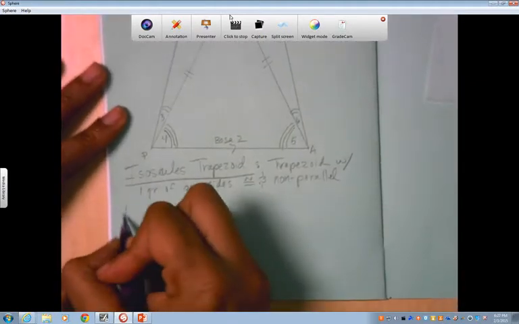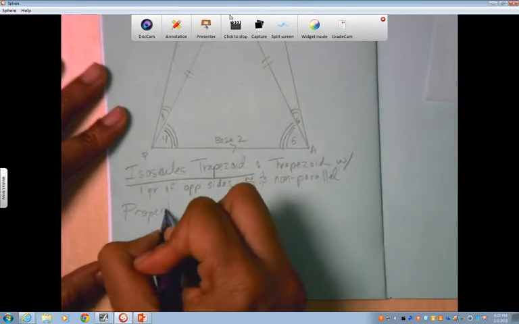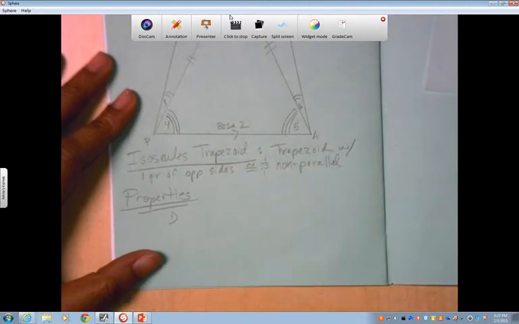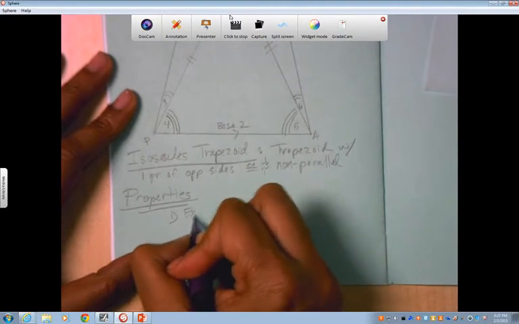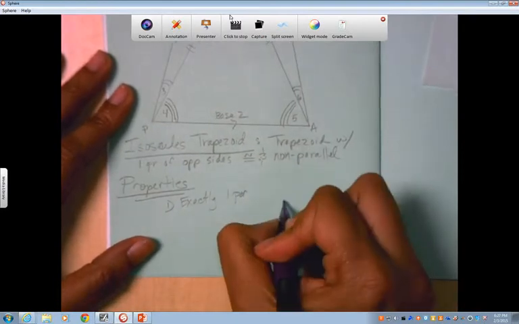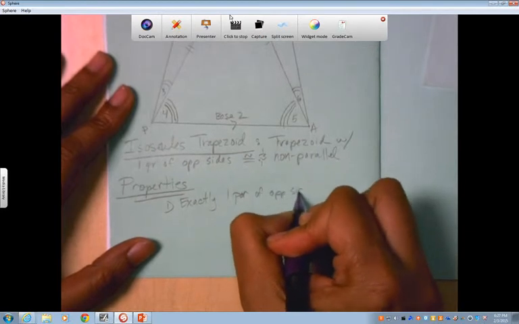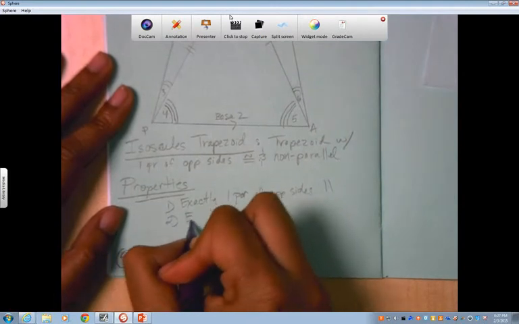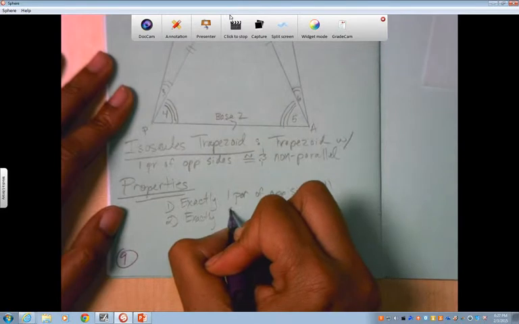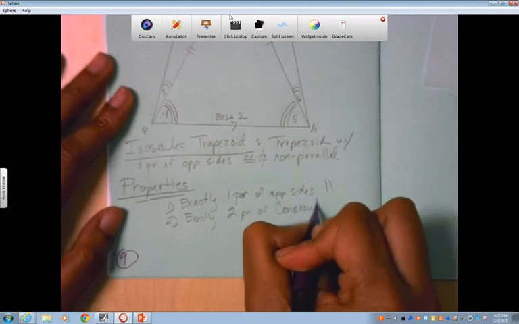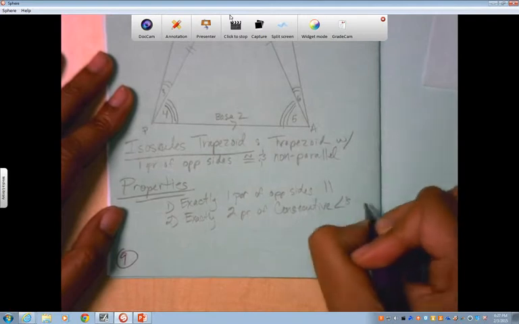So, properties of the isosceles trapezoid. Well, it has all the properties of a regular trapezoid, which means, let's write these out, you have exactly one pair of opposite sides parallel, and you have exactly 2 pairs of consecutive angles supplementary.